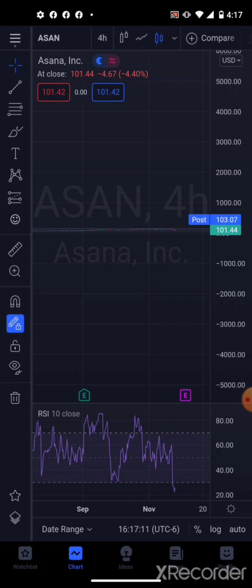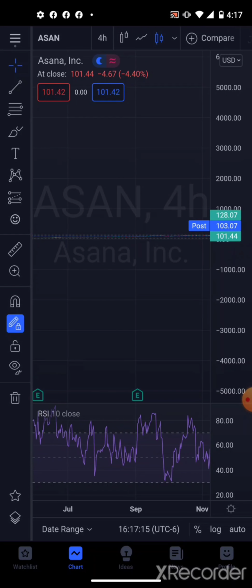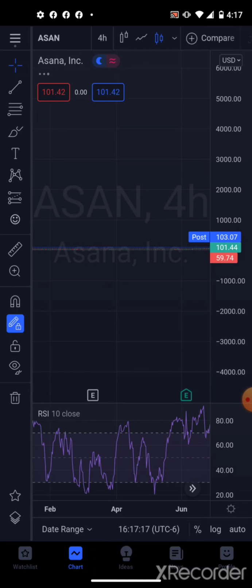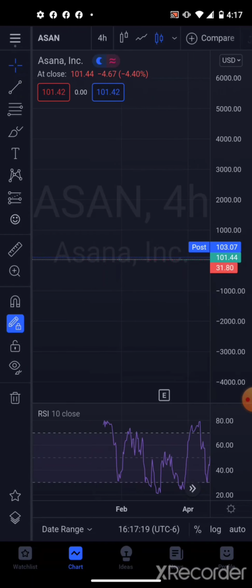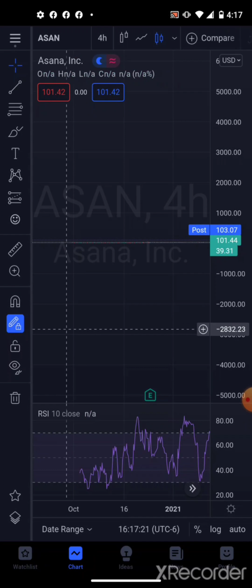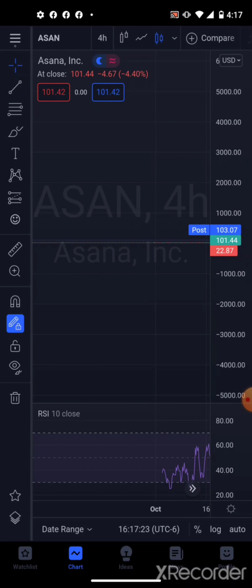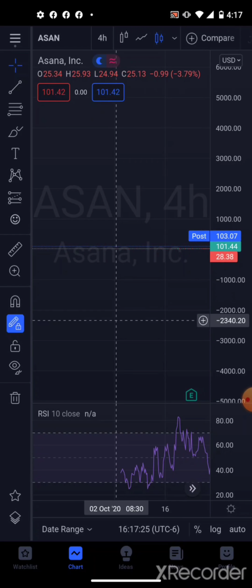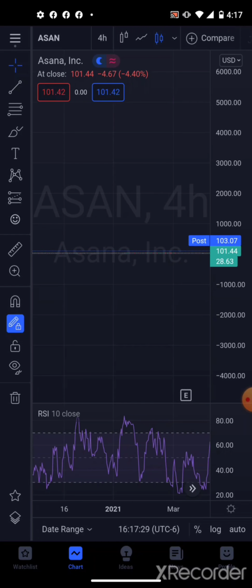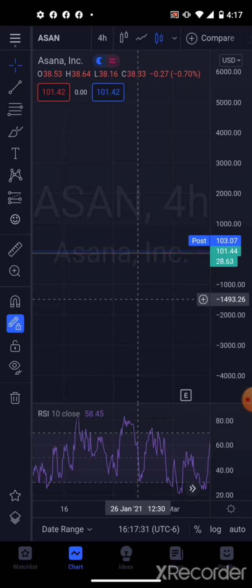I use an RSI number 10 close just for confluence. Then looking at the 4 hour, we're just gonna back up here to October, sometime of last year. It looks like that is when the stock opened, was October. So we'll mid frame it. Look here at January 26th.